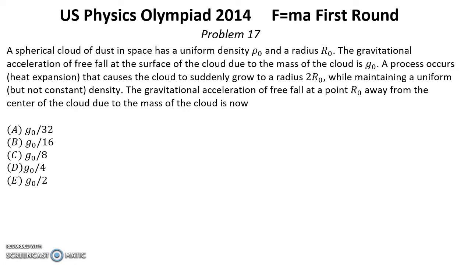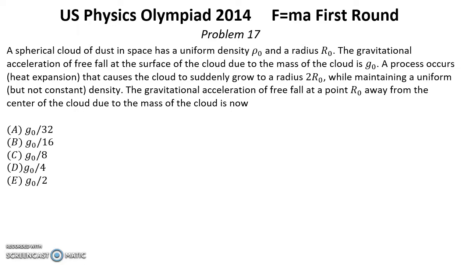Problem number 17. A spherical cloud of dust in space has a uniform density ρ0 and a radius r0. The gravitational acceleration of free fall at the surface of the cloud due to the mass of the cloud is g0.